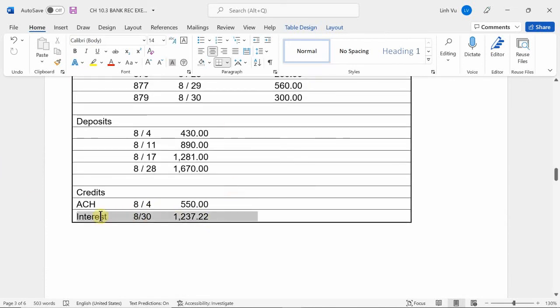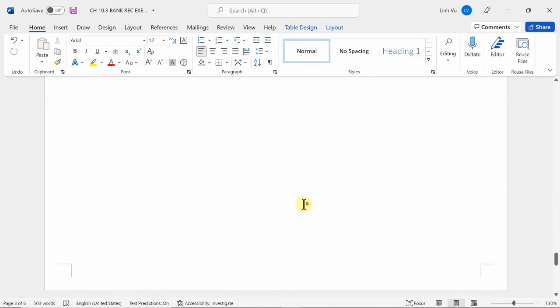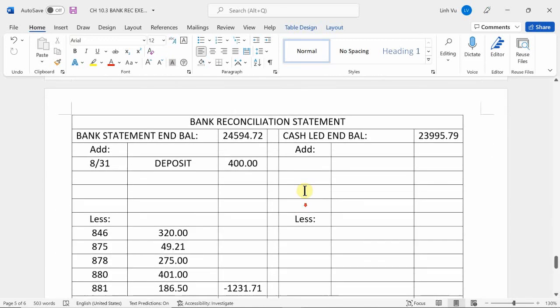How much is it for? We have 550, and 1237.20.